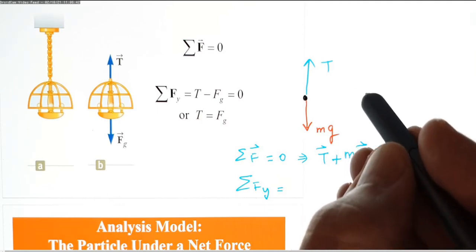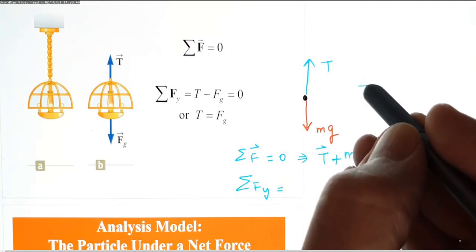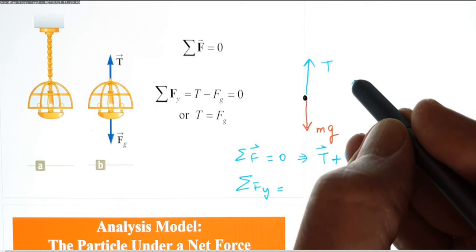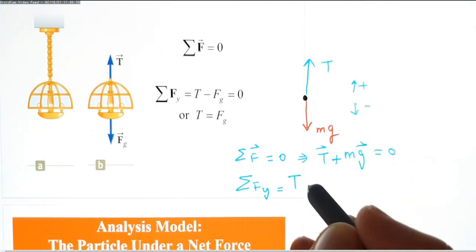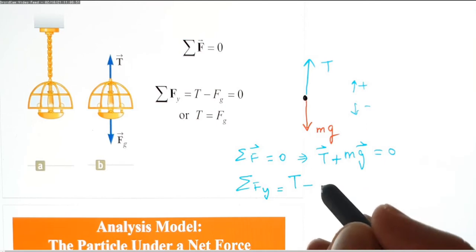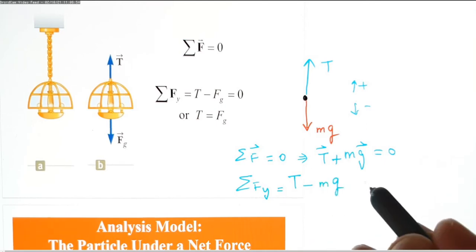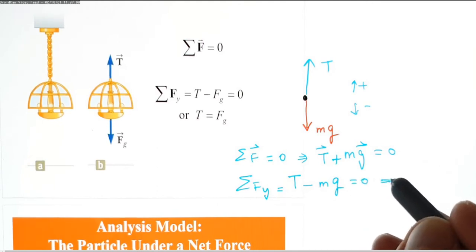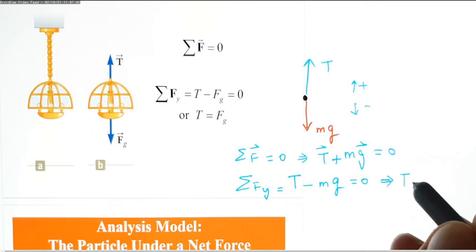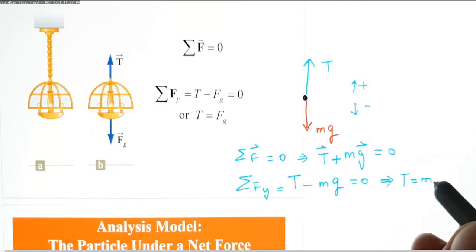So we assume up is positive, down is negative, so it will be tension is up minus gravitational force down, or the weight down, is equal 0, and this will lead to the conclusion that tension is equal to mg.